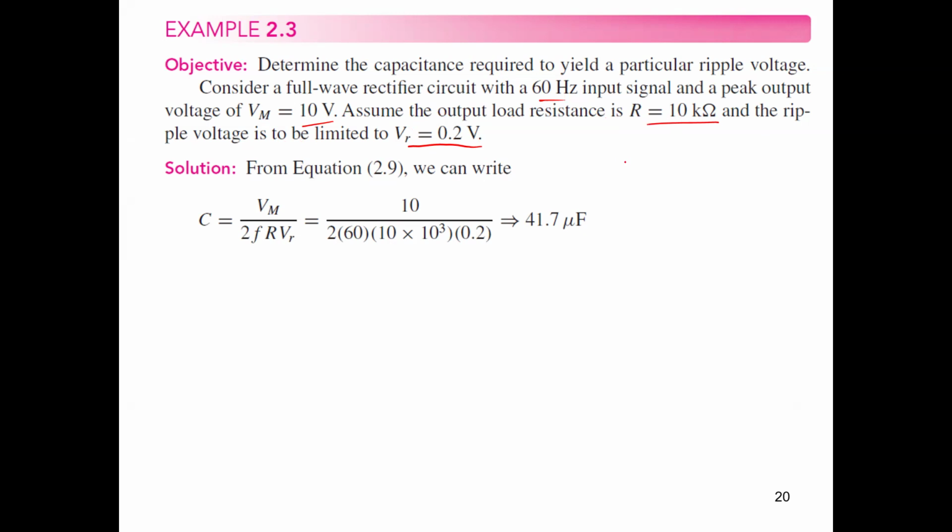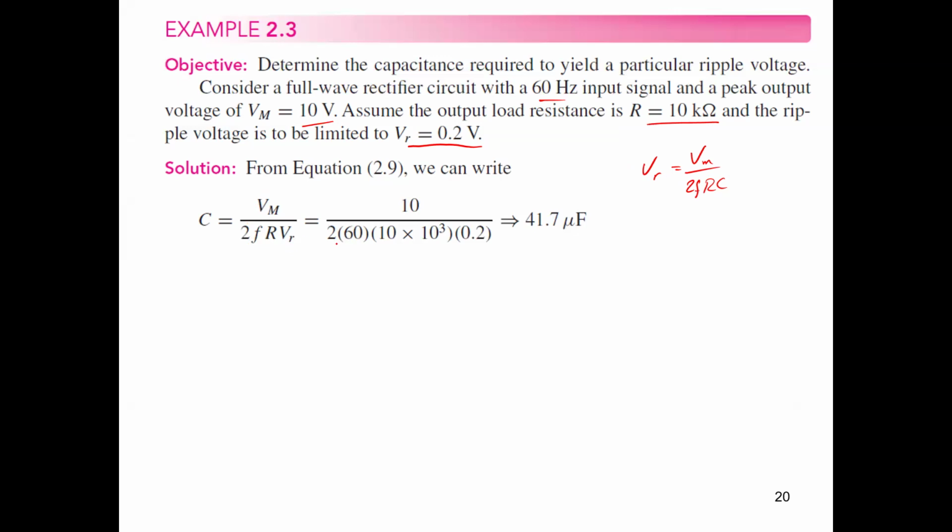So how can we design this circuit? You know our relation, we just mentioned that V ripple equals V maximum divided by 2 frequency R C. So this is our relation. So simply we can get C by moving VR to the denominator and C to the left-hand side. So C equals V maximum divided by 2 f R V ripple.